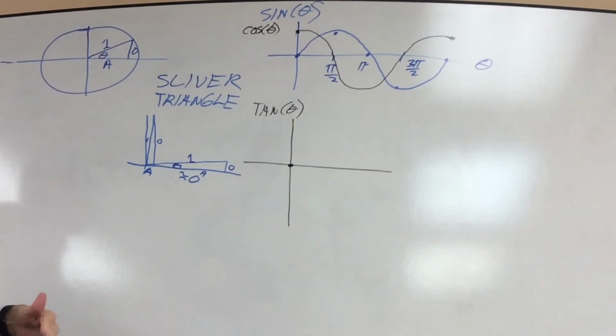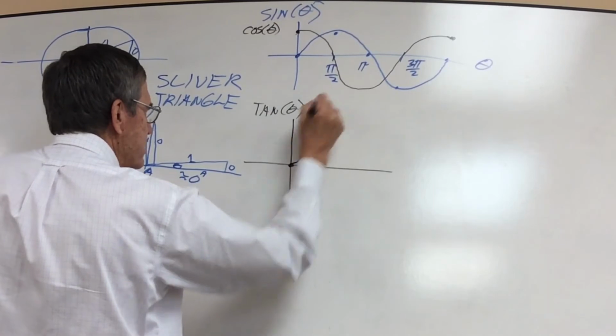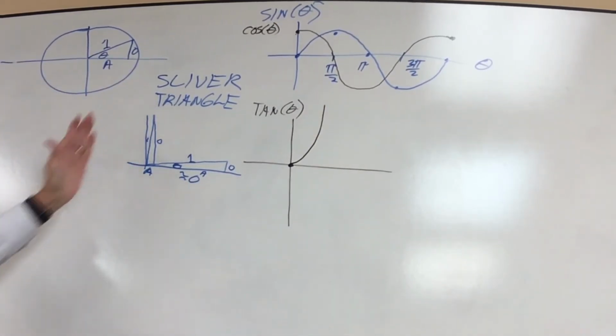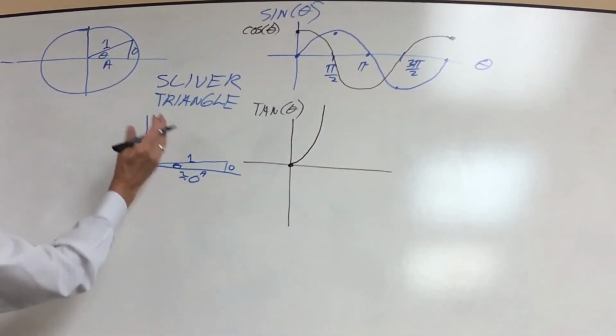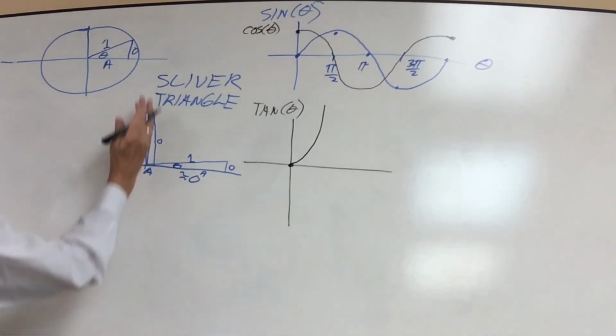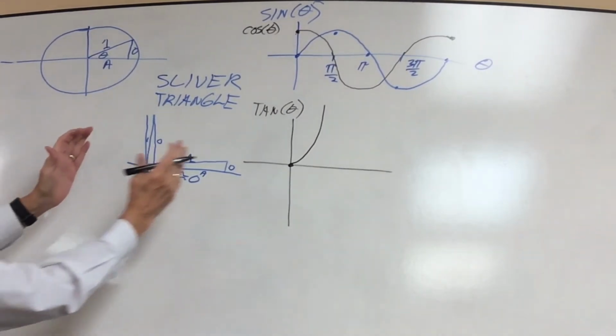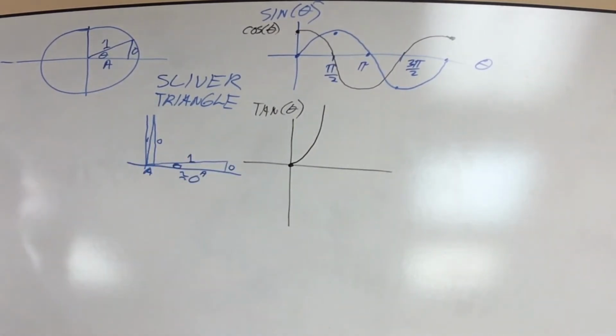It gets real big fast. So this goes like this, and when we get to 90 degrees, we have taken the opposite side to be 1, but the adjacent side has shrunk all the way down to 0.